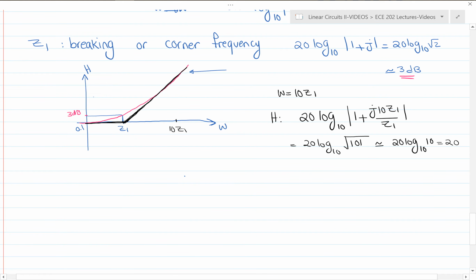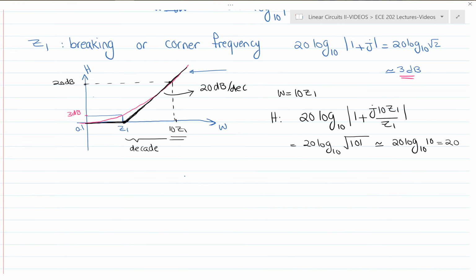So at 10 z1 we reach a magnitude of 20 dB. Here we have 0, here we have 20, correct? And here is 1 decade, so we can say that this waveform is increasing with a slope of 20 dB per decade. All right, so this was for simple 0.